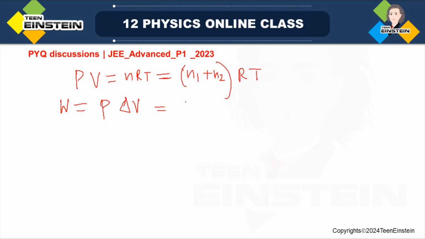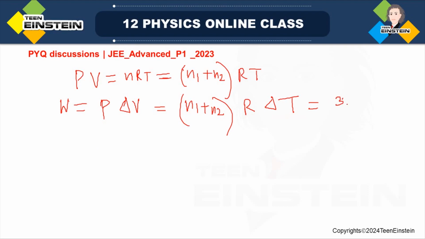So this I can write as, see, the total number of moles is always constant at any temperature. So we have got the expression for this also. So I can write it here, just putting the values. N1 is equal to 2 and N2 is equal to 1.